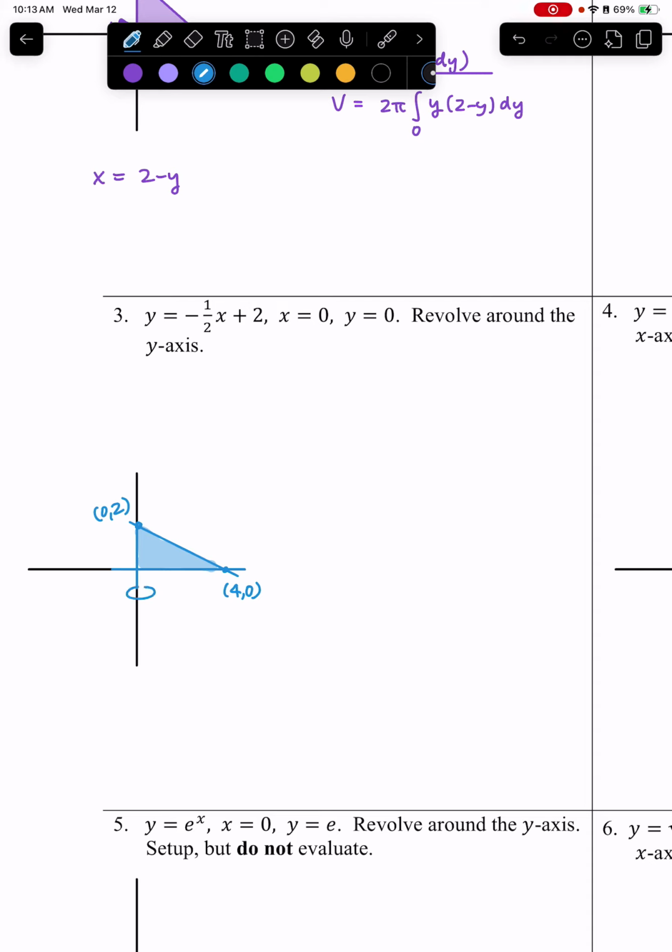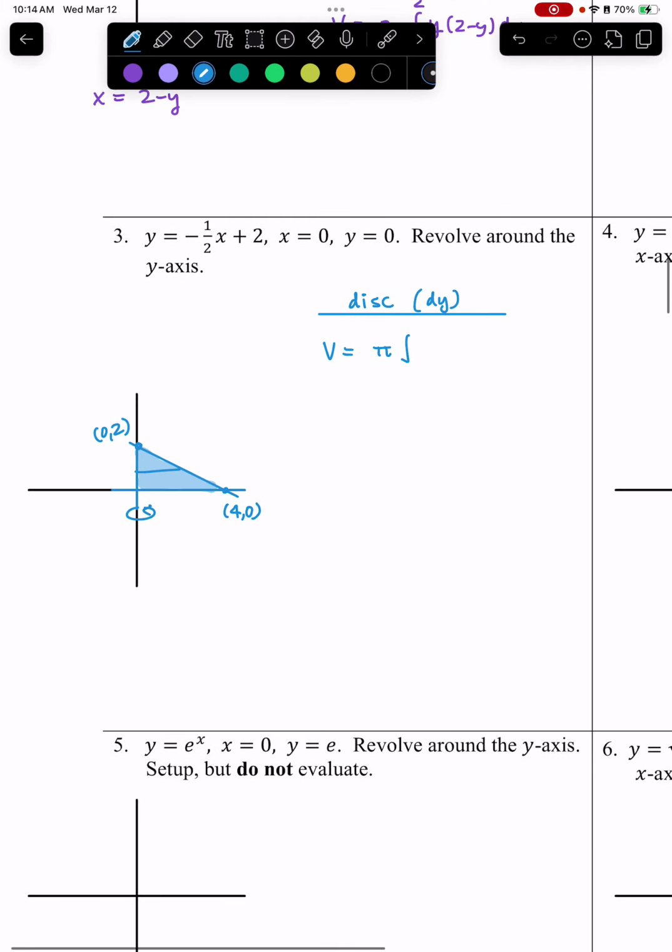We're revolving this way. All right, so starting with disk method, we're going to have dy disks. Volume is pi r squared, so volume is pi. Our radius is our x value. And in this case, for x, we'd have to subtract 2 on both sides, and that equals negative 1/2 x.